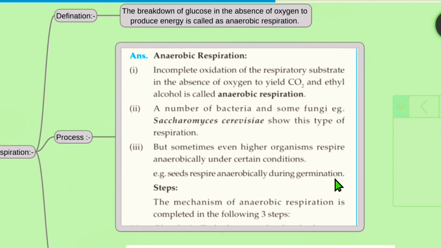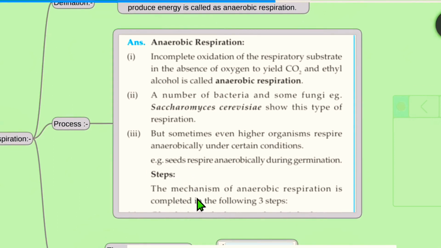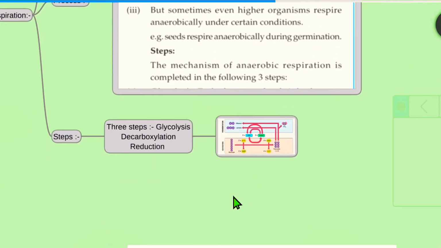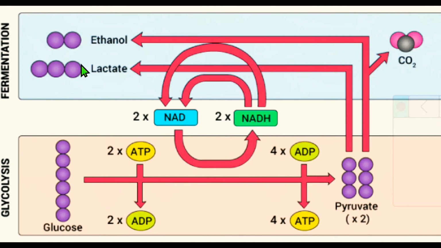This is an important point which is asked in exams like entrance exams. There are three steps involved in anaerobic respiration. The first one is glycolysis, the second one is decarboxylation, and the third one is reduction. You can see here, this is anaerobic respiration, this is fermentation, this is glycolysis.